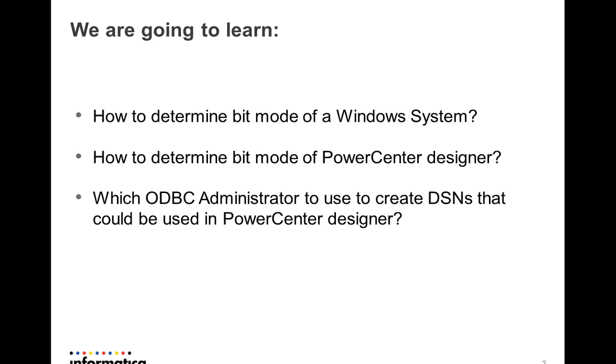So on a 32-bit Windows machine we have one ODBC administrator which is 32-bit, but on a 64-bit Windows machine we have two ODBC administrators, one 32-bit and one 64-bit. So let's see how to launch the 32-bit ODBC administrator on the 64-bit machine and configure DSNs so that they can be used inside the 32-bit clients.